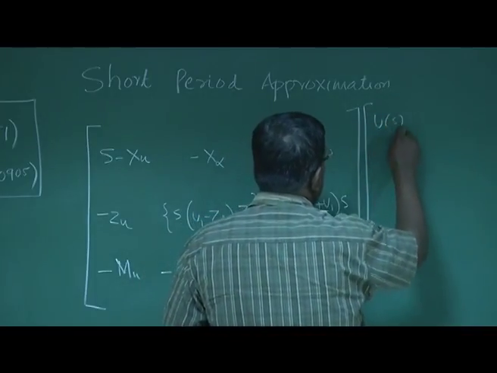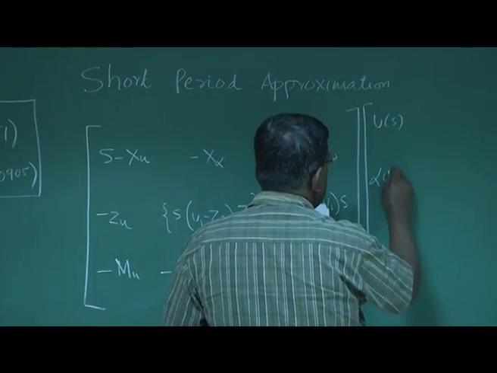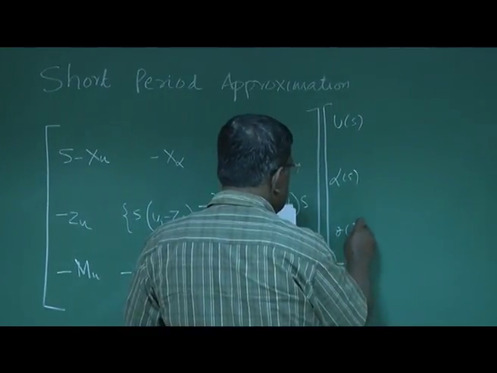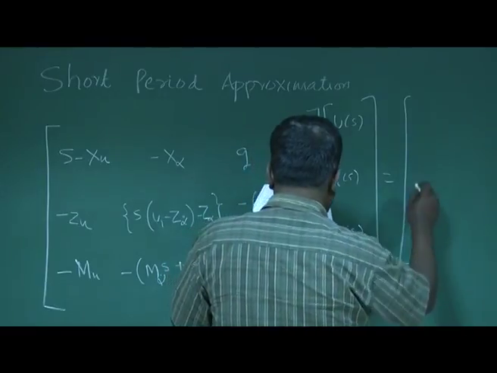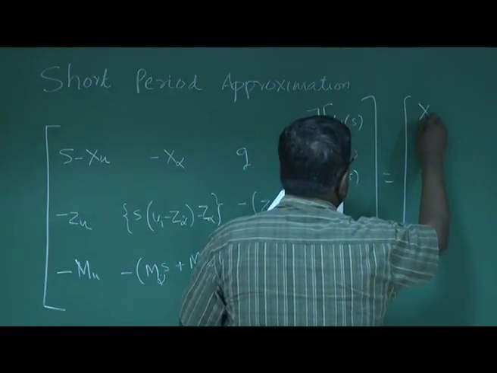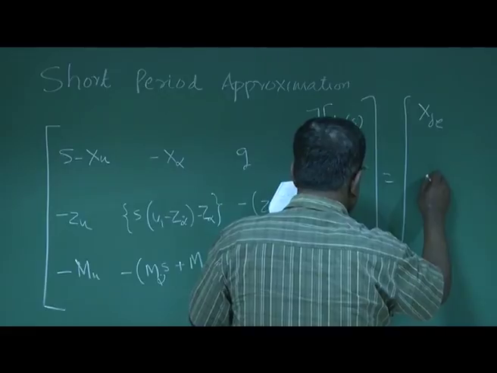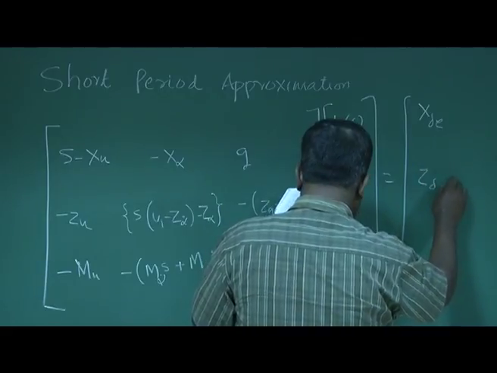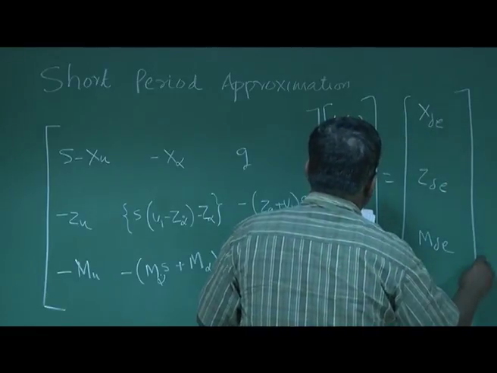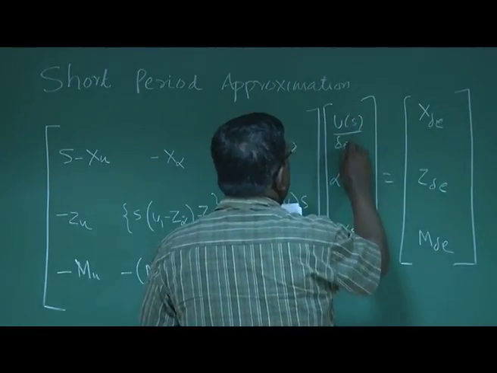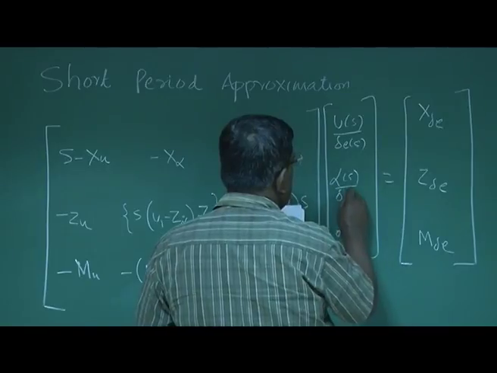This, of course, multiplies u(s), alpha(s), theta(s), equal to x_delta e, z_delta e, and m_delta e, all times delta e. To be more precise, we write it like this.